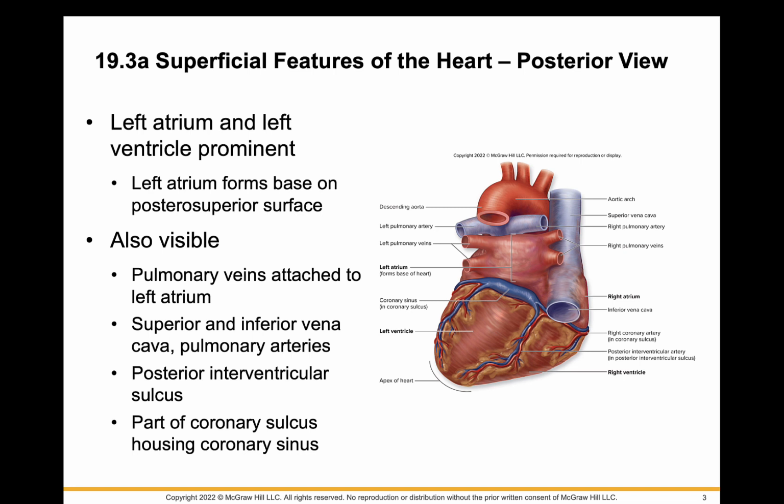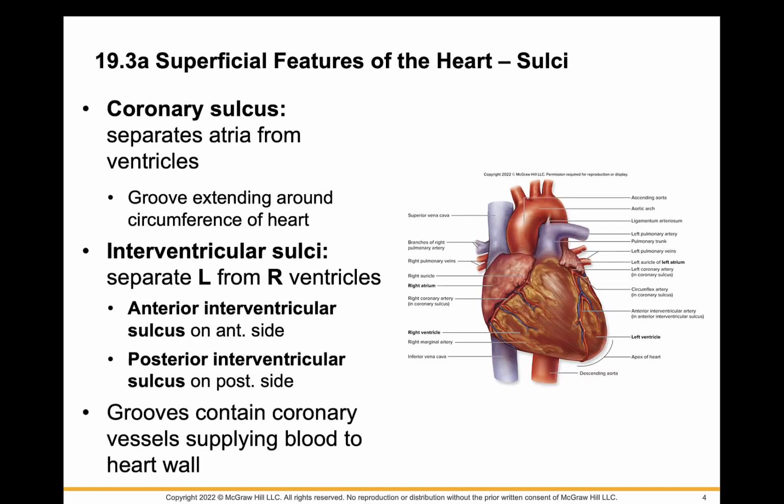We can more clearly see the left and right pulmonary arteries. We also have a better view of the vena cavas, but what really stands out are a number of the coronary veins, predominantly the coronary sinus, very clear here from this particular view of the heart itself.